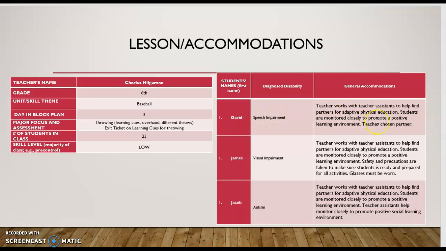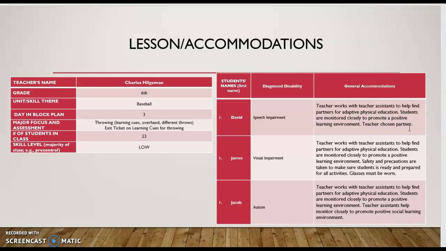For David, the teacher works with the teacher assistant to help find partners for David, and students are monitored closely to promote a positive learning environment, making sure that David's included in all the activities.